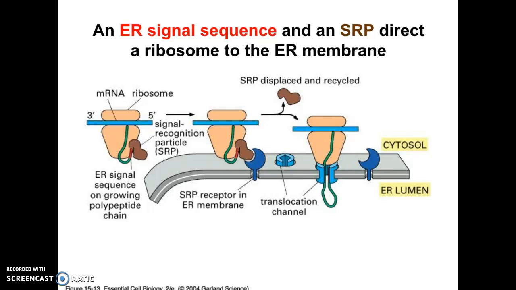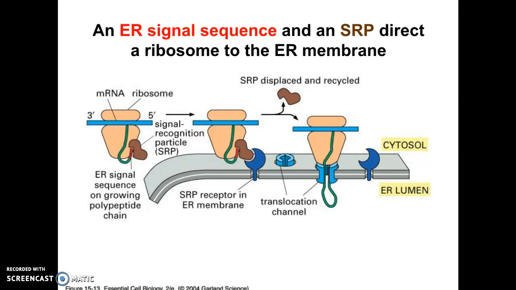So the Sec61 is the translocation channel, and the signal recognition particle receptor hands off the ribosome and the growing polypeptide chain to the Sec61 translocation channel, where the signal sequence binds to the inside of the channel, and then protein translation continues.